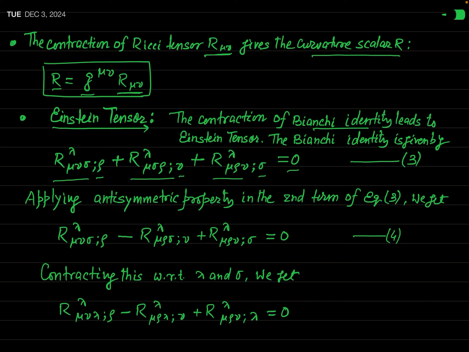This expression is known as the Bianchi identity, and for getting the idea of the Einstein tensor, you must remember it.